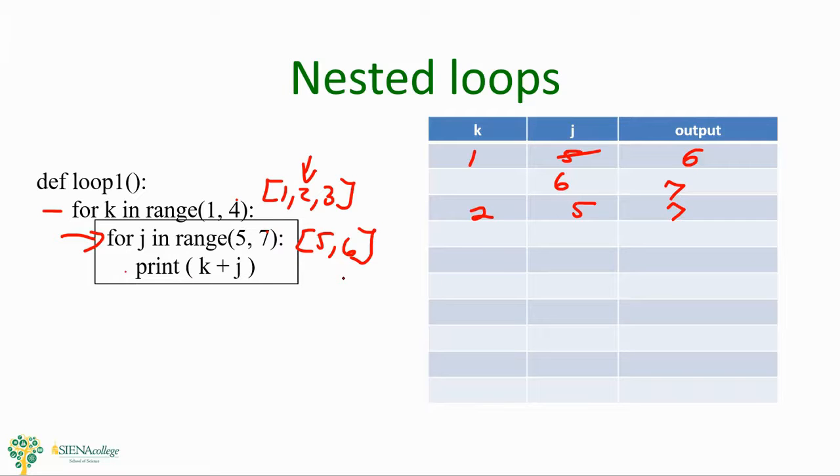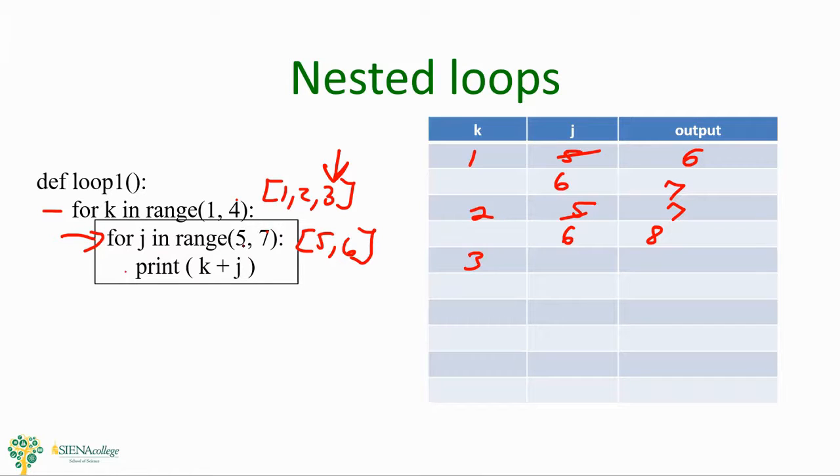We now need to do the second item in our list, the 6. So j becomes 6. 6 and 2 is 8, and we print the 8. We're now done with the j loop. And since we haven't exhausted the list in k, we go back to k, and we now use k equal to 3.